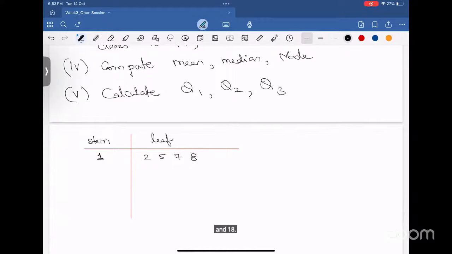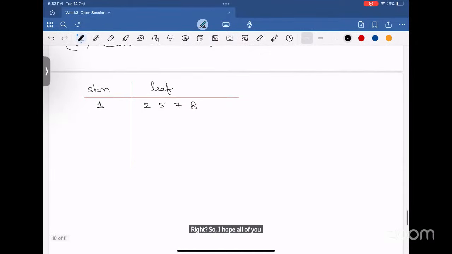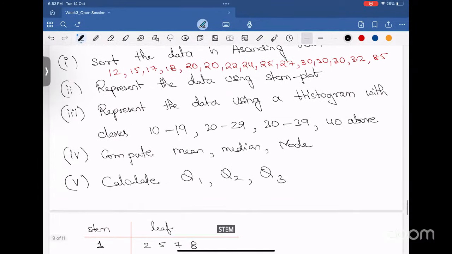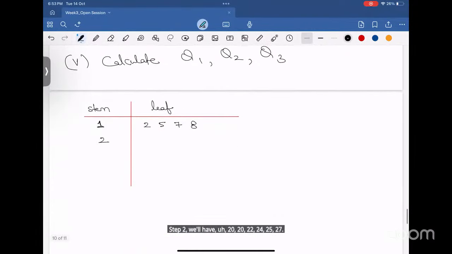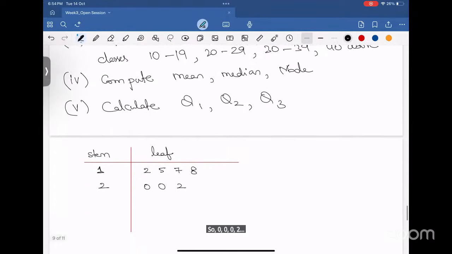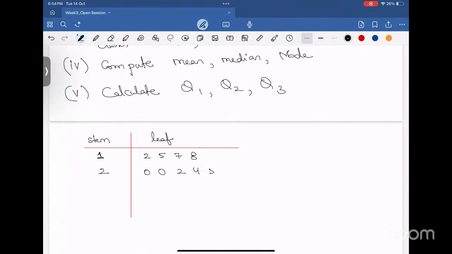So stem is 1, and whatever the values that are there in the units digit, we will just write them in. Right? So hope all of you know this. So in the next stem 2, we'll have 20, 20, 22, 24, 25, 27. So 0, 0, 2, 4, 5, 7.